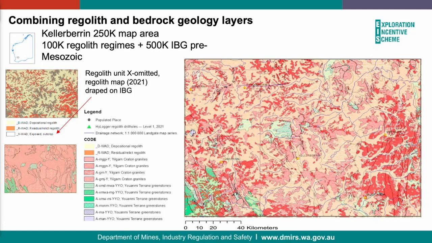So the basic way to use this first layer, or any one of them, is to create your own surface geology map. To do that, you can use a geophysical image, or you can use an interpreted bedrock geology map underneath it. In this particular example, I just made the exposed unit in the regolith layer transparent, and I laid that on top of the IBG.